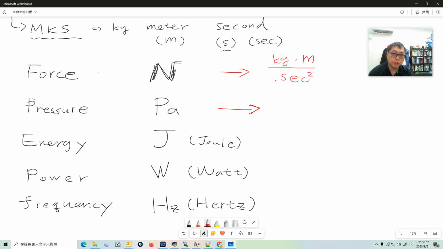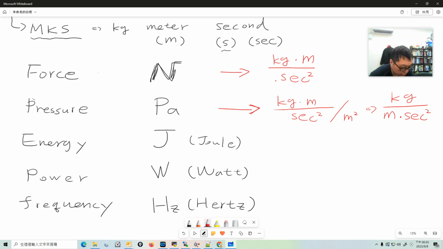Force is kilogram times meter divided by second squared. Pressure is the force per unit area, so we divide the force by the area. Area is length squared, and for length we use meter, so it's divided by m squared. So it becomes kilogram divided by meter times second squared. I think I made it right.